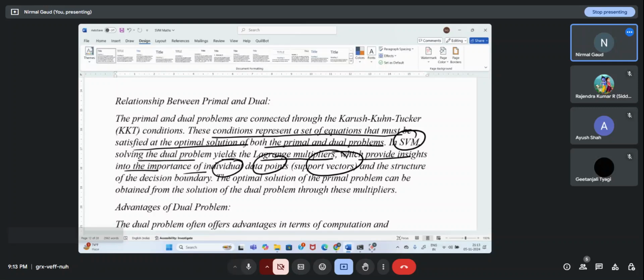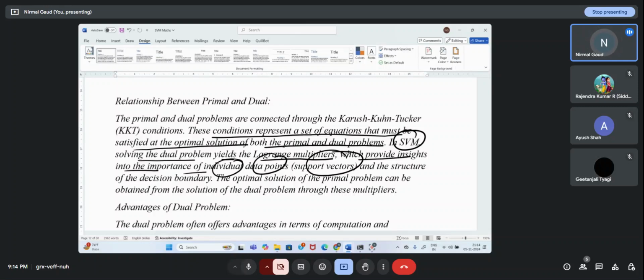Obviously, we want those support vectors only, because support vectors will define the class boundary, and the more the width between the class boundaries, the more the margin will be, and that's what we want, a maximum margin. So obviously I need to identify the support vectors or those data points which are present in the classes. So primal problem, dual problem, they are connected through certain conditions which are called KKT.